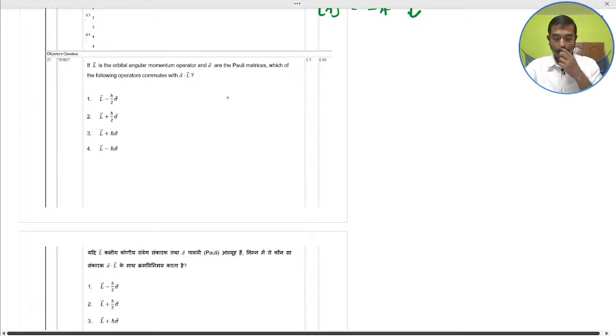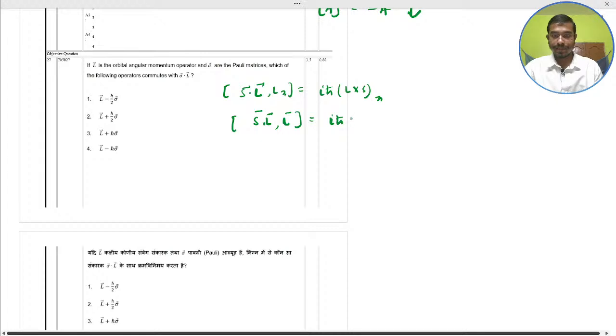The commutation of S dot L with Lx is the iħ L cross S, x component, and the commutation of S dot L with Ly, this is the iħ L cross S.